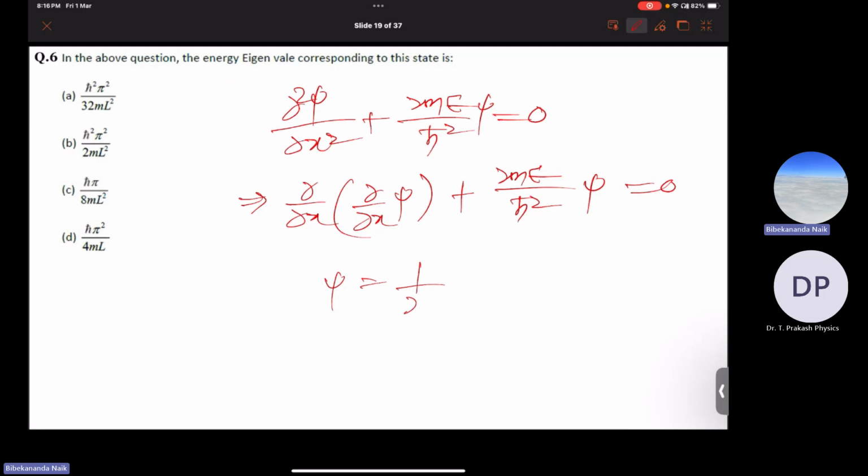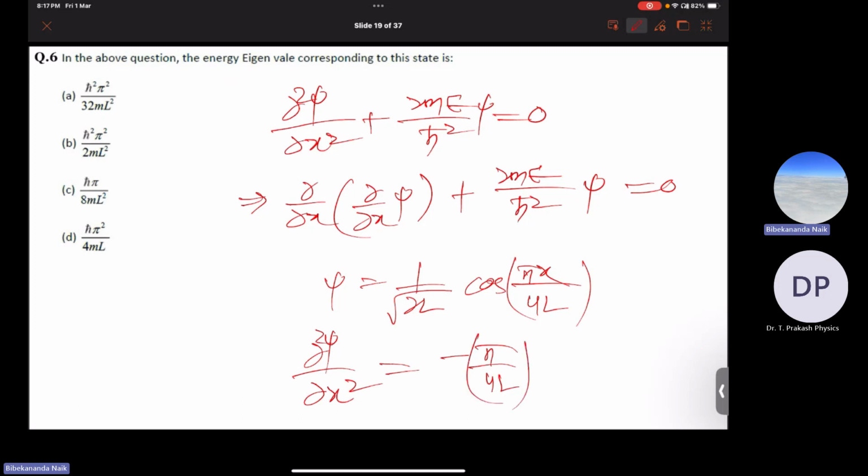Psi is 1 by root over 2l cos pi x by 4l. Taking the derivative twice, pi by 4l and again minus pi by 4l, del square psi by del x square will be minus pi by 4l whole square into psi.